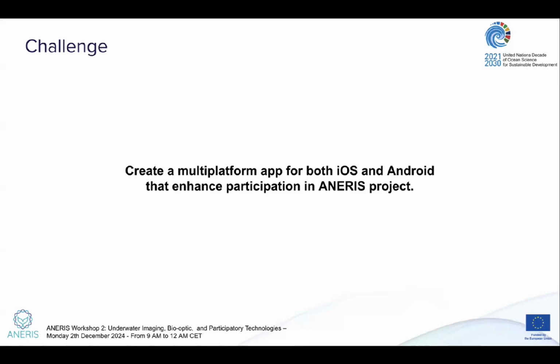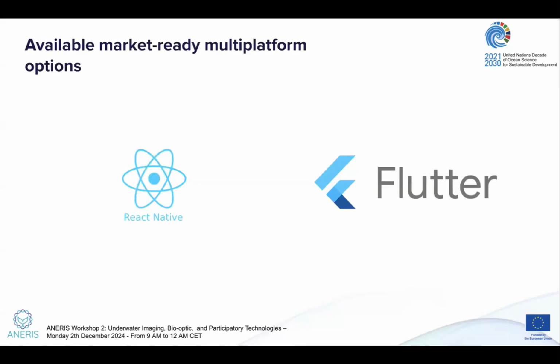And now we're going to see which technology it is and which advantages it has. Okay, when we started deciding which technology to apply for the project, we were looking for market-ready multi-platform options. At the moment of starting ANERIS, there were two main competitors in the market. One of them was React Native, the other one was Flutter. For those who don't know these technologies, React Native comes from Facebook.